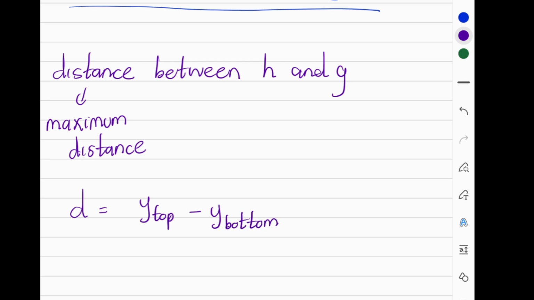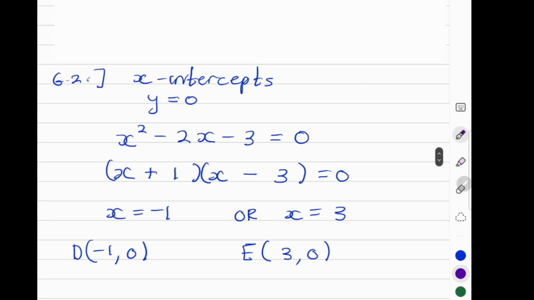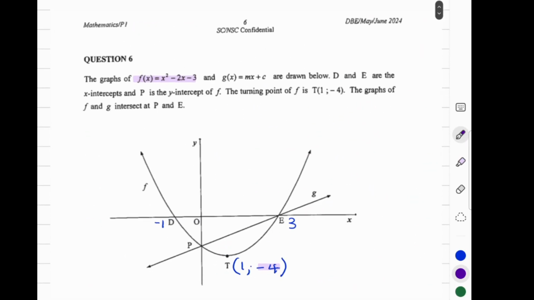So now we need to determine which function is on top and which function is at the bottom, right? So g of x is still the same function, but now remember that h of x is minus f of x, which means that this graph of f has just been reflected across the x-axis.